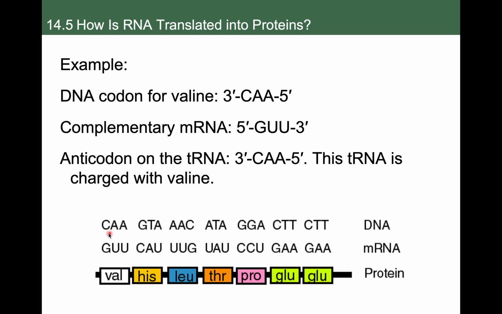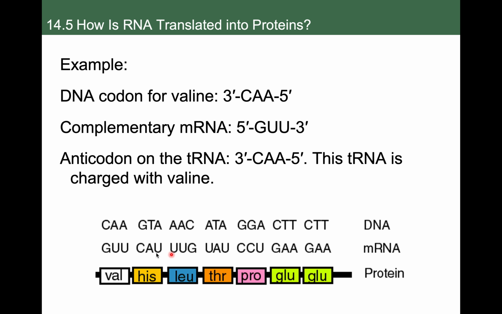We transcribe that into a messenger RNA copy during transcription, and you can see the messenger RNA that we produced is complementary to the DNA, right? So instead of CAA, we get GUU, and remember we've got uracils instead of thymines that would normally pair with adenine. And then GTA becomes CAU, etc. So we've still got that code there, it's just the complement in the messenger RNA.